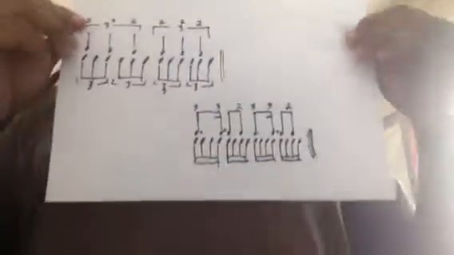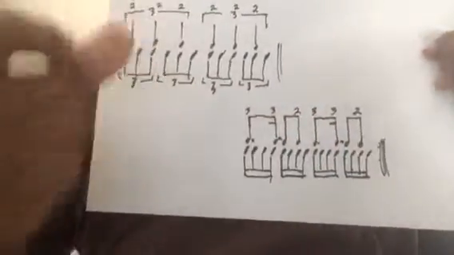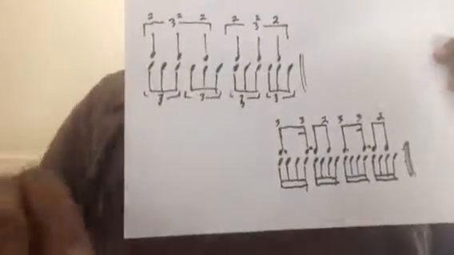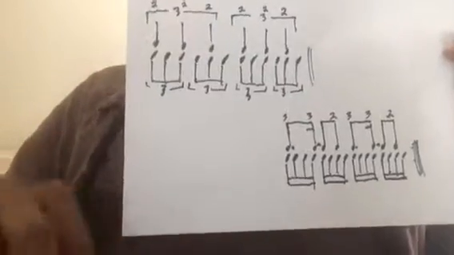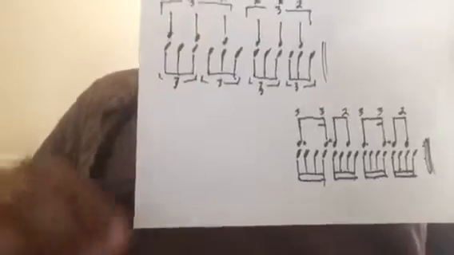So if you're playing either a 2-3 clave or a 3-2 clave, this would be the 3 part of the clave, or even if it was a 2-3 clave, it'd be. So you get that rhythm, bop, bop, bop, bop, bop, bop. Whereas this one you get ba ba ba ba ba ba ba ba ba ba ba ba.